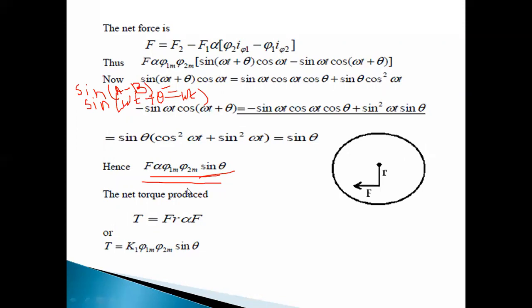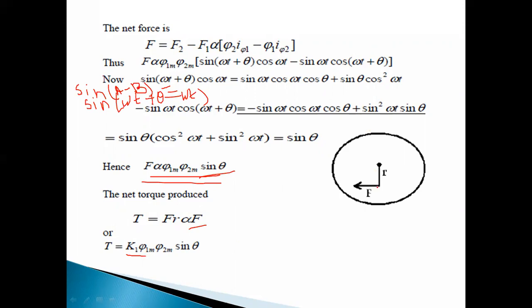For which we already obtained this equation, that is F proportional to phi 1m phi 2m sine theta. So this torque is proportional to only F. Or we can also write this torque is equal to K1 into phi 1m phi 2m into sine theta, where this K1 is the constant of proportionality.